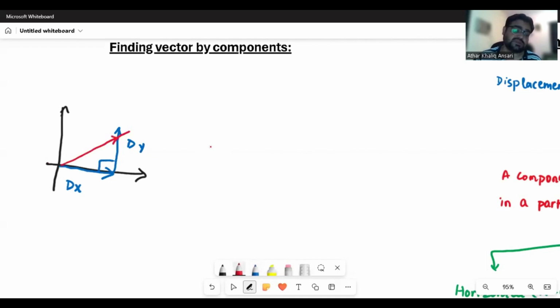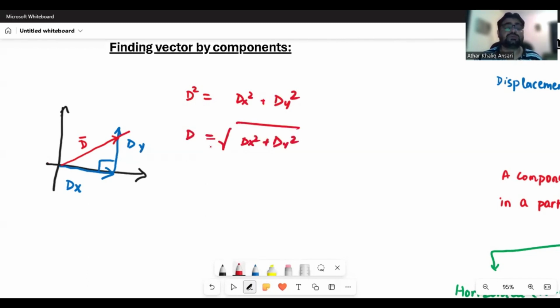As you can see, this d is looking like a hypotenuse, and we will use Pythagoras. So using Pythagoras, you can say hypotenuse squared, d squared, is equal to dx squared plus dy squared. And now to find d, this will be the square root of dx squared plus dy squared. Now this is the magnitude of the vector.